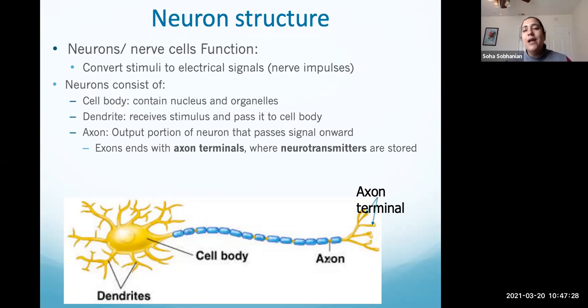Adrenaline is another one. The neurotransmitter we care about for muscle contraction is called acetylcholine, or simply ACh. ACh is the easiest way to remember the neurotransmitter involved in muscle contraction.